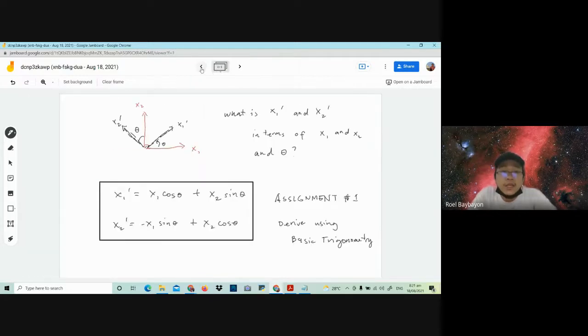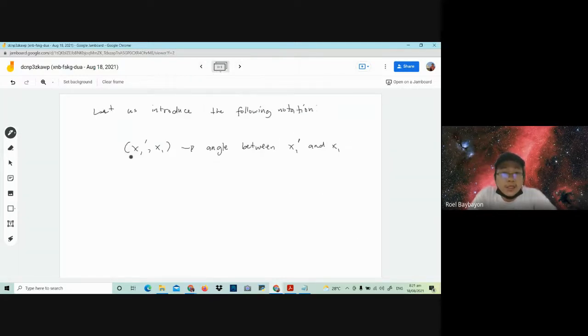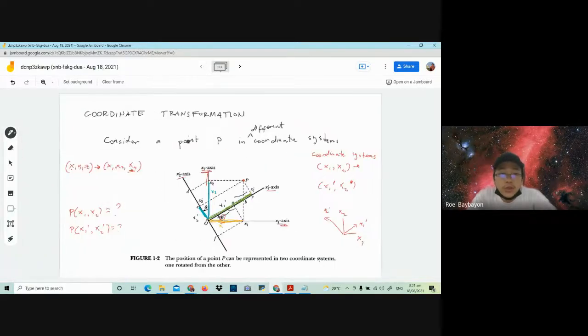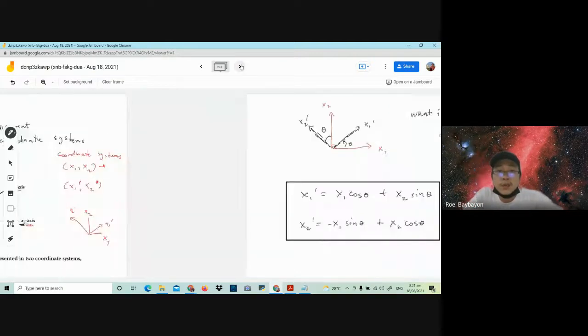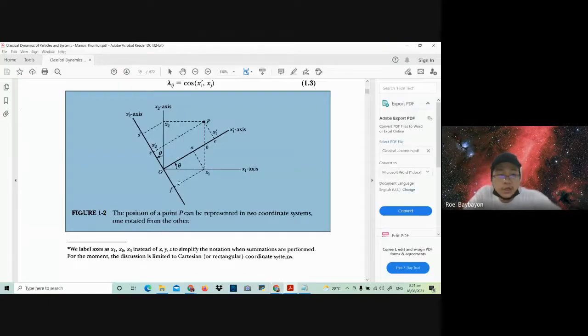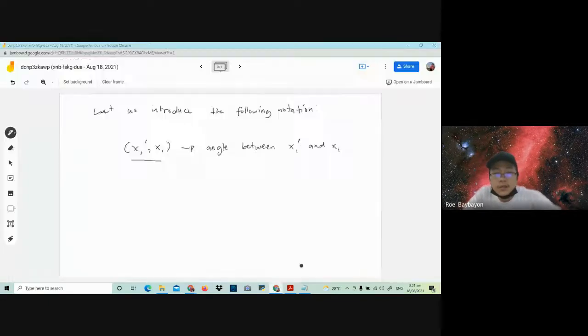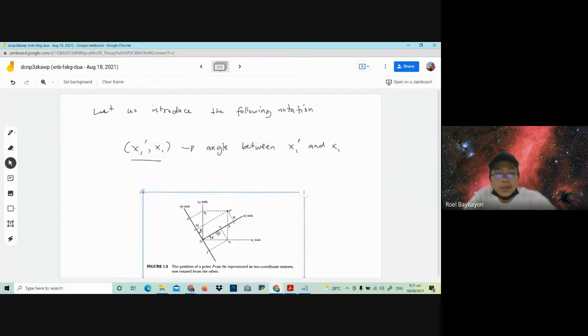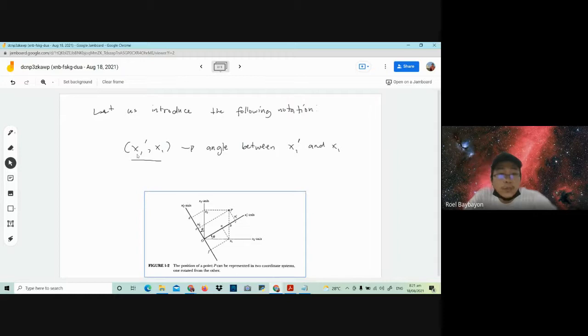So meaning, what is inside the parenthesis is basically your theta. If you look at the figure, x1 prime comma x1 is the angle between x1 prime and x1.